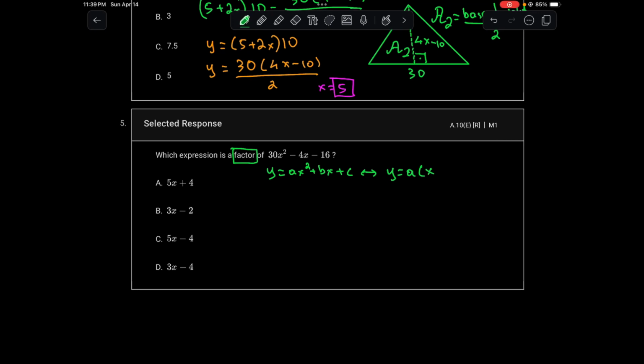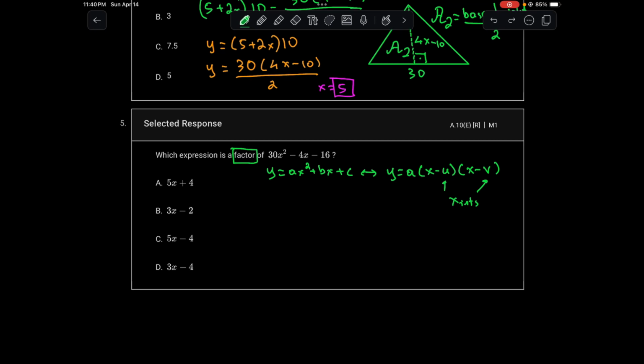In general, it can look like that: x minus u, x minus v, and that u and v, those are the x-intercepts. So a factor would be related to the x-intercept, and if I solve this factor, I'm gonna get one of the x-intercepts of the given quadratic.